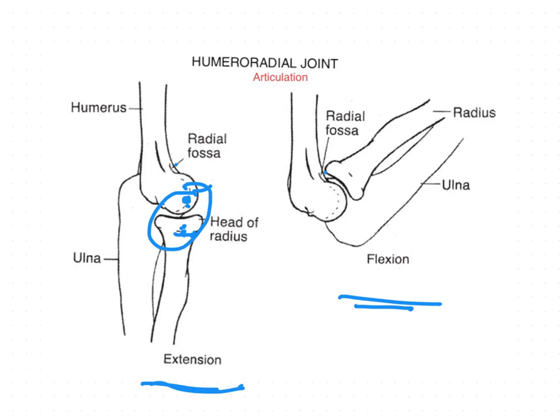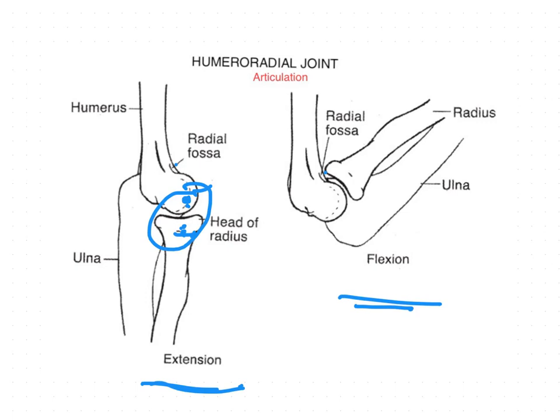The articulation takes place between the capitulum, which is present at the distal end on the lateral side of the humerus on the anterior aspect, and the fovea of the head of the radius, and also the rim of the radius articulates with the capitulo-trochlear groove, and it finally enters into the radial fossa when it reaches full range of flexion.